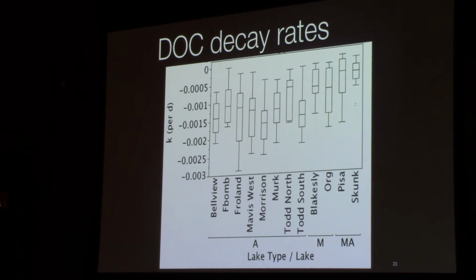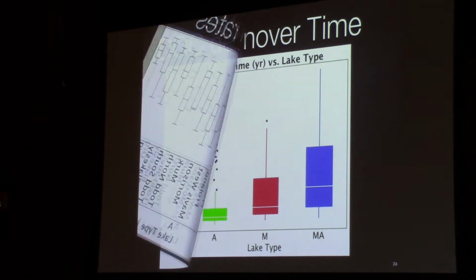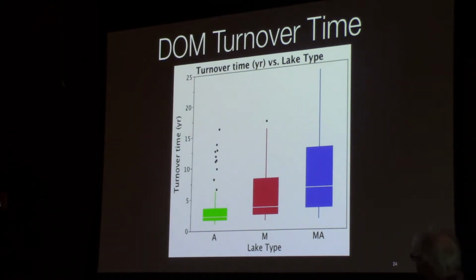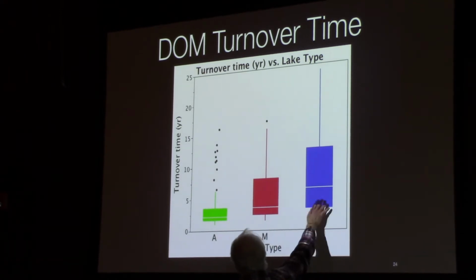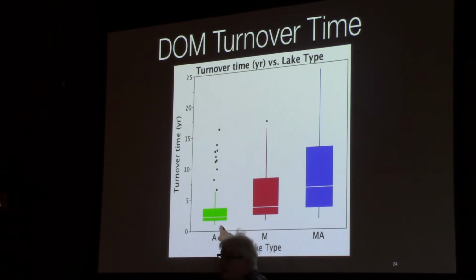We see a little bit of difference between the macrophyte and the algal systems in terms of the rate at which that organic matter breaks down. So the macrophyte systems tend to decompose a little bit slower than the algal-dominated systems. But these numbers don't seem to be, well, it could be significant. We just haven't looked at it that much yet.